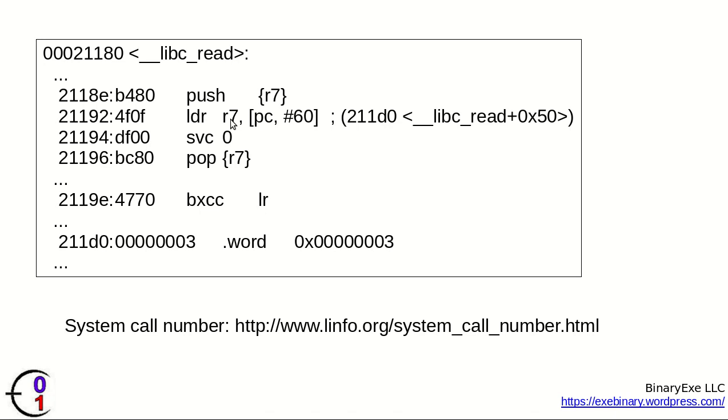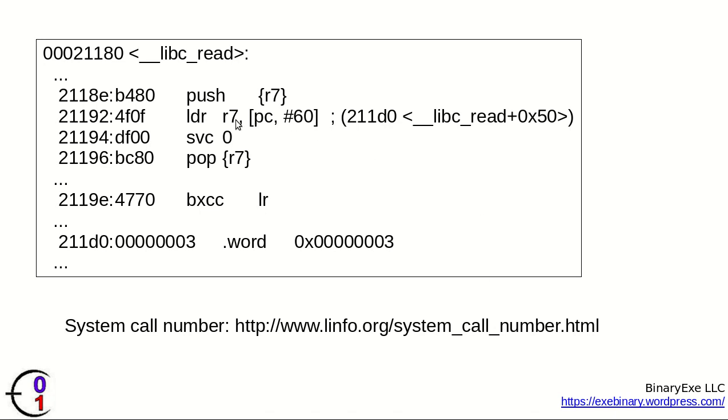The 3 is nothing but the system call number for read. In a similar way, you can see the system call numbers for other system calls in the link provided below.